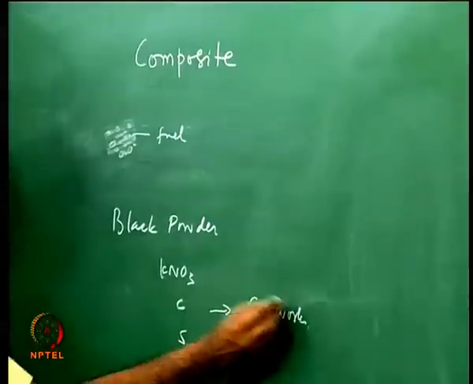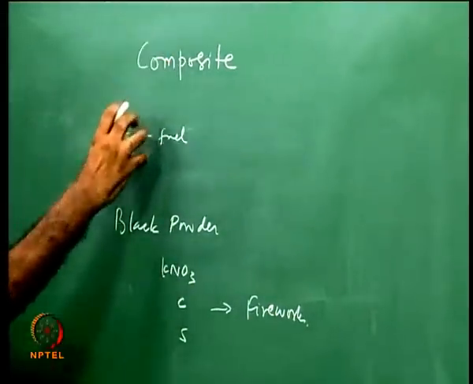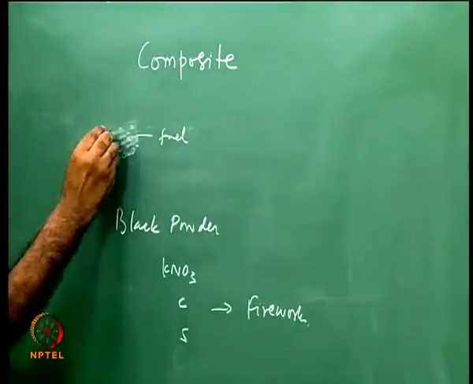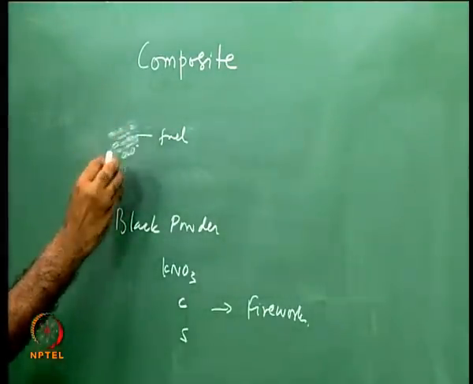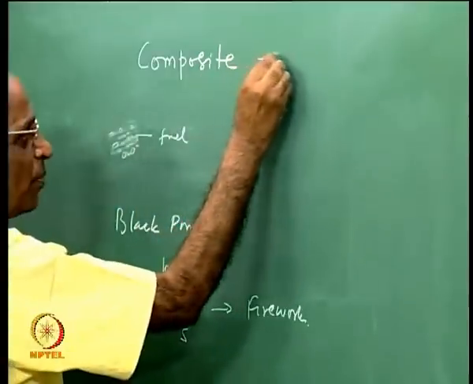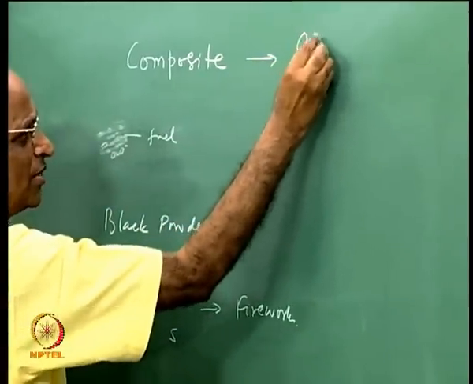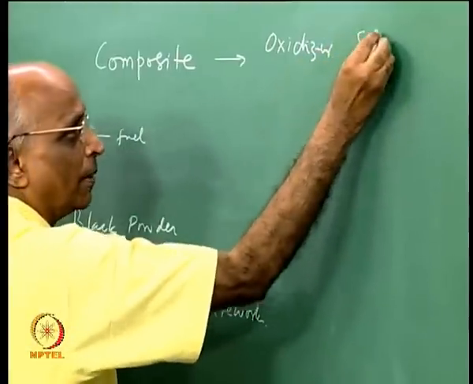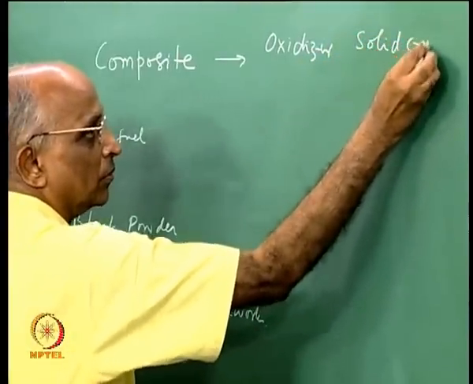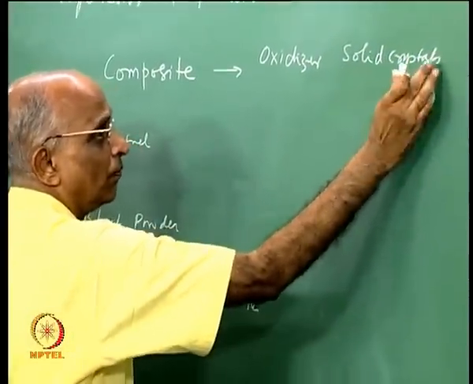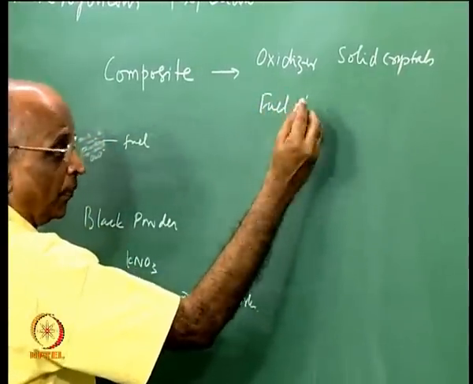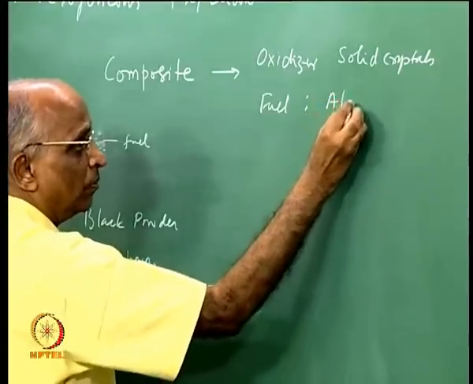So also you take a composite which consists of an oxidizer, maybe some fuel, and maybe the thing which is bonding together could act as a fuel. Therefore, a composite propellant will consist of an oxidizer which is something like a solid ground crystal, a fuel which could be aluminum.